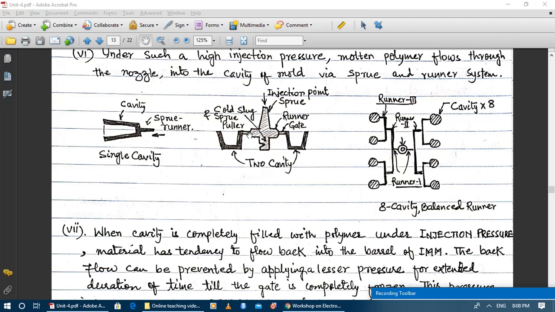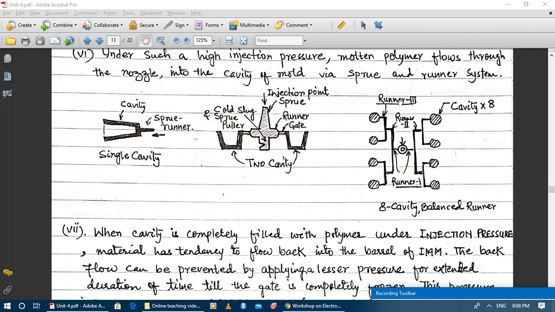Because of very narrow cross-sectional area, the gate will freeze immediately after injection, and once the gate is frozen, solidified, it will not allow the backward movement of the molten polymer from cavity to injection unit.